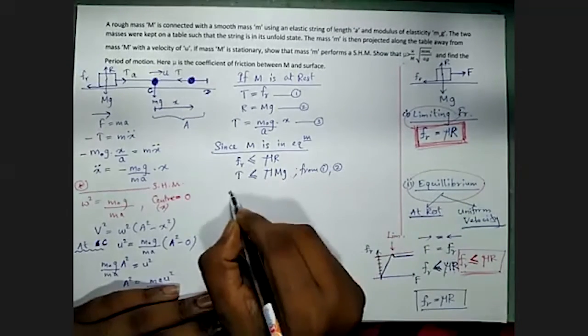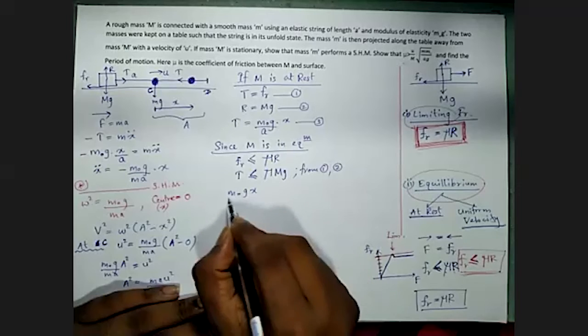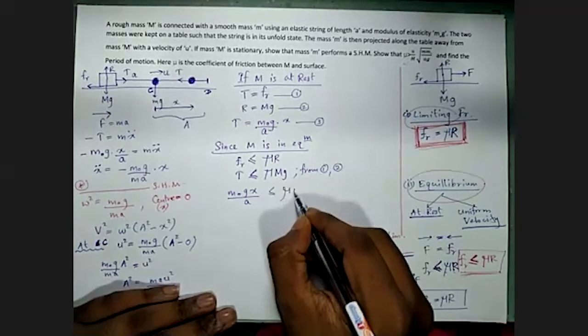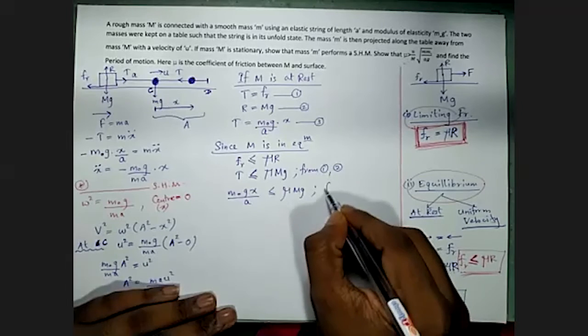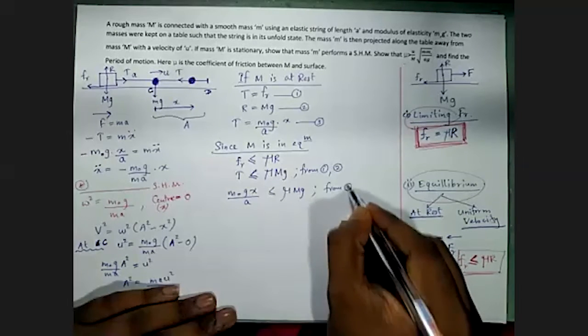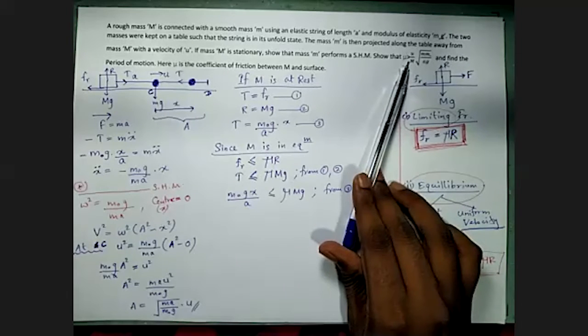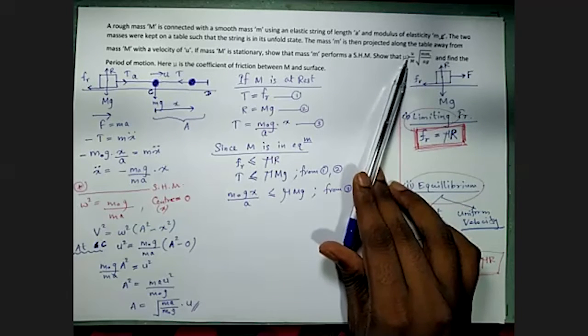Then what is tension? m naught g x over a, that is taken from the third equation, less than mu Mg. This is our third equation. Now, there is no equality given in this inequality. Only the greater than symbol is there.